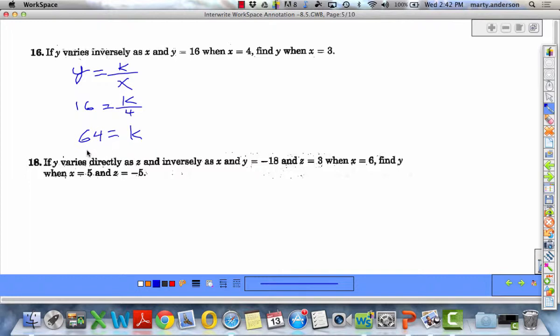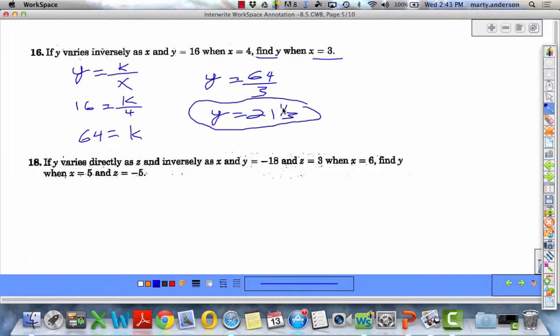Once you have that k is 64, I can go back and say find y when x is 3. Y equals 64 over 3, and 64 over 3 must be about 21 1/3. Does that sound right? Yeah, I think that works. Again, step 1, solve for k. Step 2, go back in and figure out what they're looking for with the given.